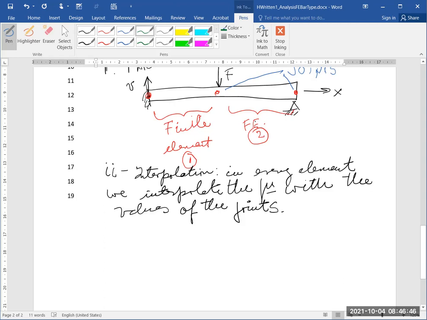So for this element here, element 2, you see that this node, this joint, will come downward, right?